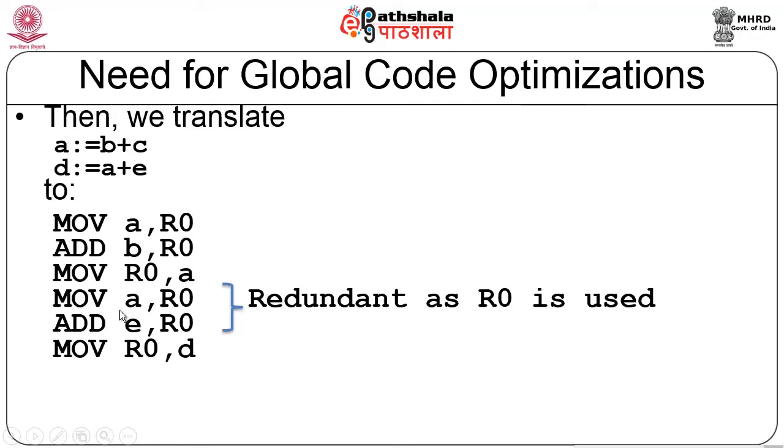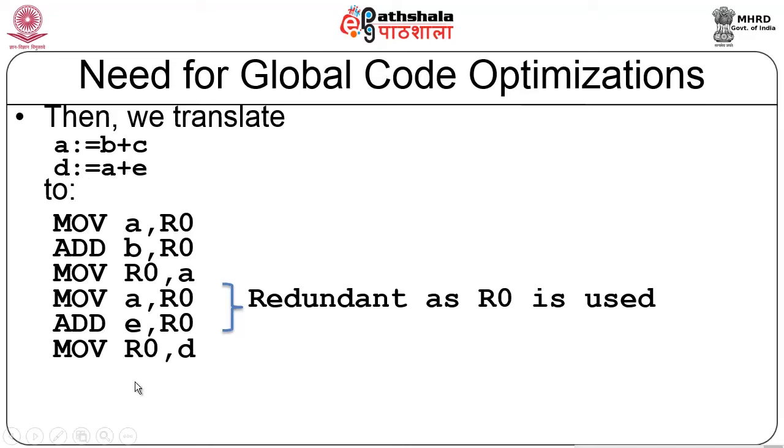Again here move a comma r0, because we are looking at the instructions individually, not as a link. So here move a comma r0, add e comma r0 and move r0 comma d. That is, if the RHS has 2 operands and an operator, I will move one operand to a register, add the other operand with the register which has the earlier operand, and then store the result back into the variable. So these are the 3 instructions corresponding to the first statement and the second statement.